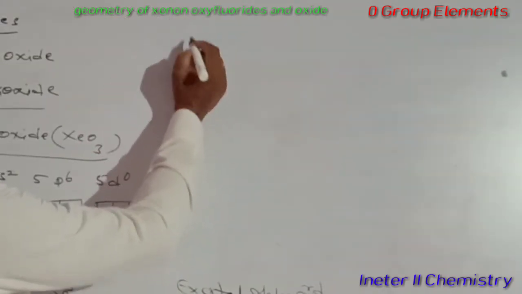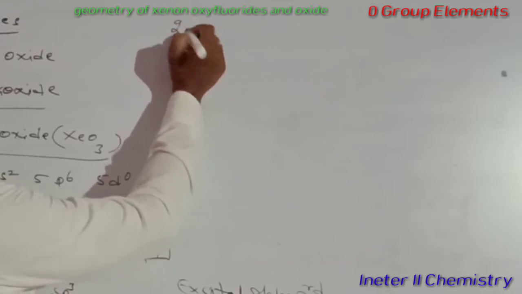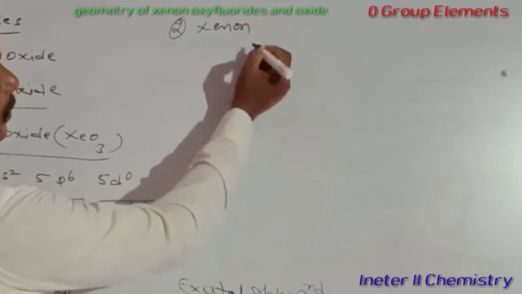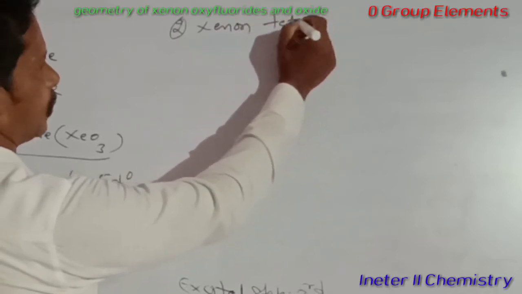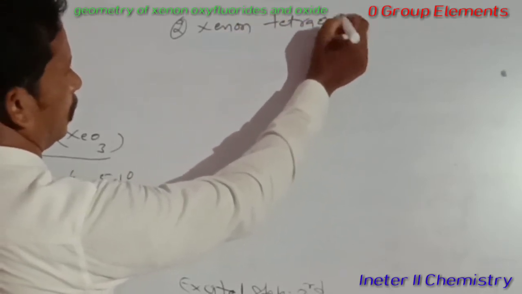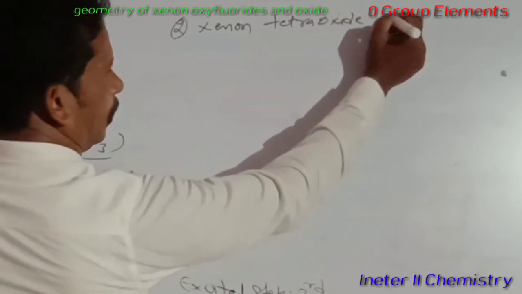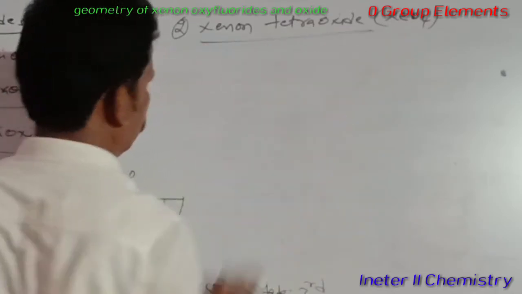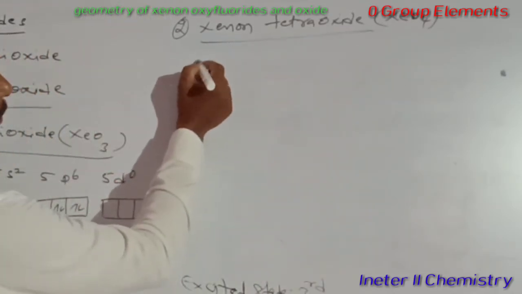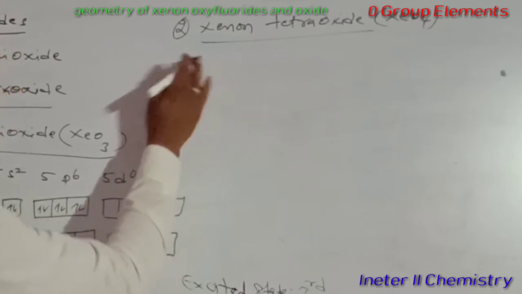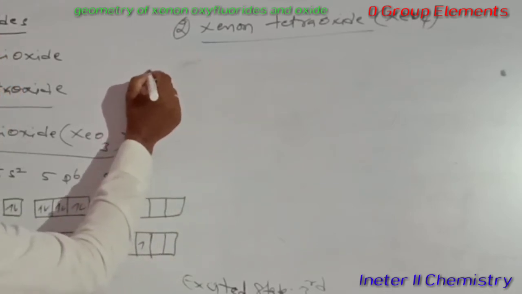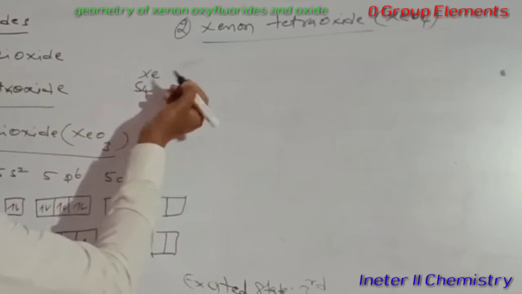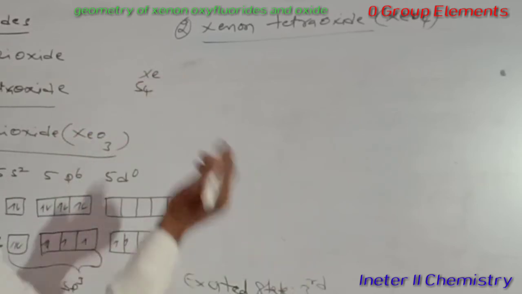Next, the second oxide is xenon tetroxide, XeO4. Here also the central atom is xenon, atomic number 54. You will have to write in your notebook like this.